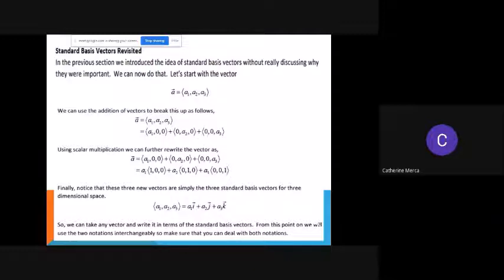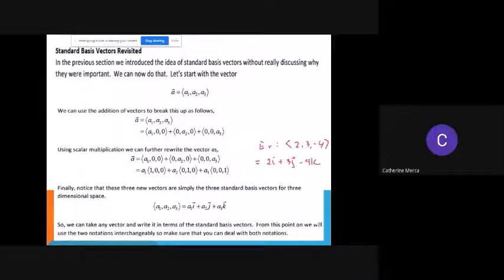Meaning to say, these three new vectors, which we call your standard basis vectors for 3D, can also be written as A sub 1 i plus A sub 2 j plus A sub 3 k. So any vector, for example, the vector 2, 3, negative 4, is the same as 2i plus 3j minus 4k.